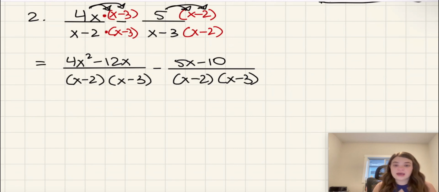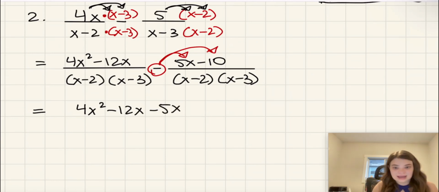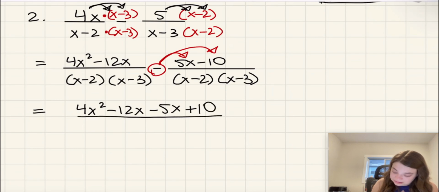And then don't forget, when we subtract, we must take this negative sign here, and this negative sign must be distributed into the 5x and the negative 10. So we're going to end up with 4x squared minus 12x minus 5x, and then minus negative 10 would be plus 10. And that's all over the same denominator, x minus 2 times x minus 3.